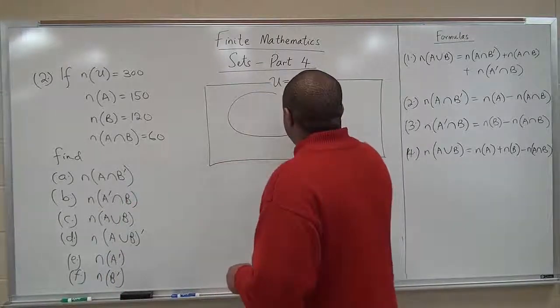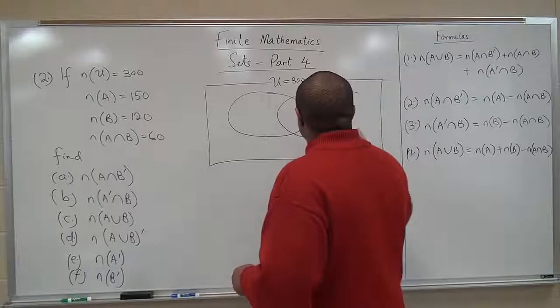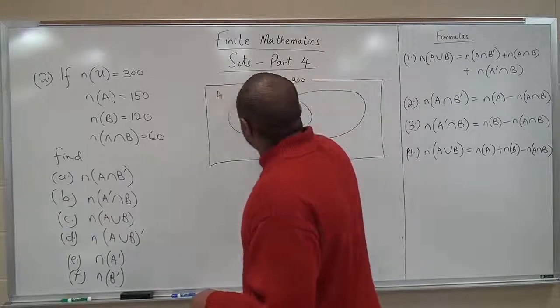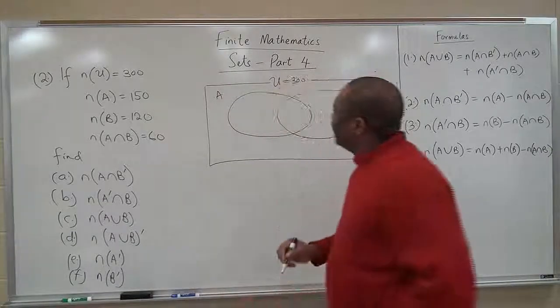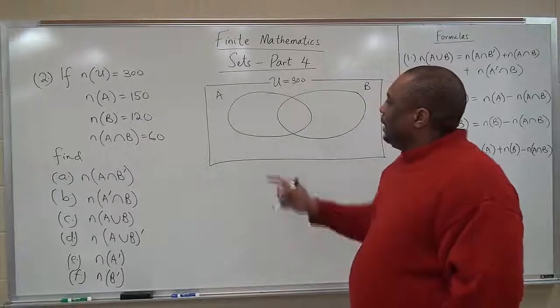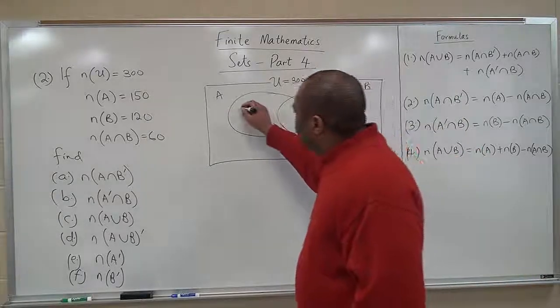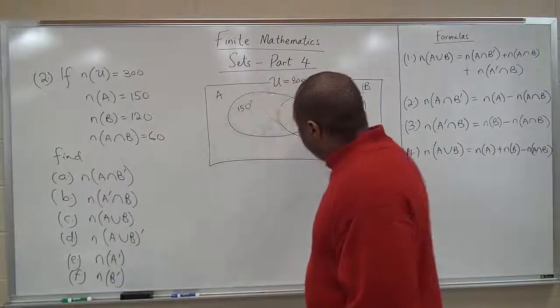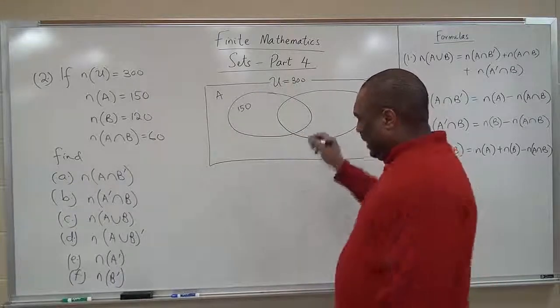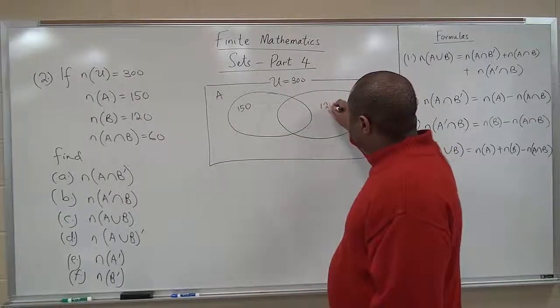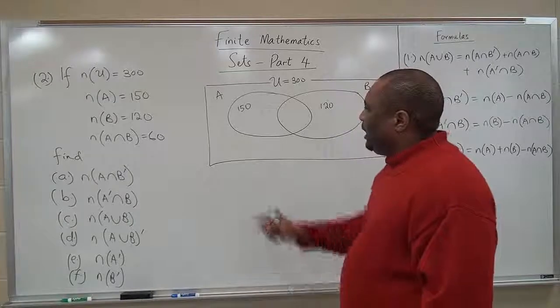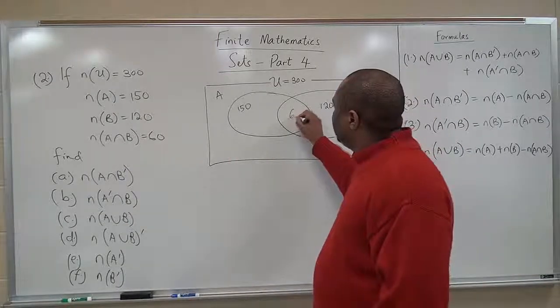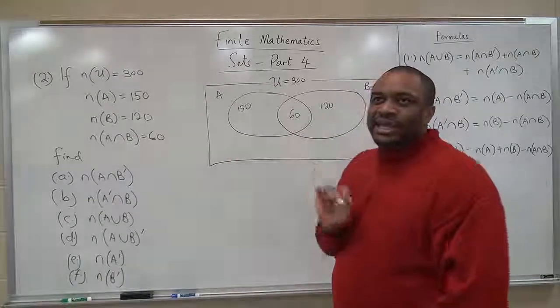I have A and I have B. Now, cardinality of A is 150. That means everybody here is 150. Cardinality of B is 120. Everybody here is 120. Cardinality of A intersect B is 60, just this part here.